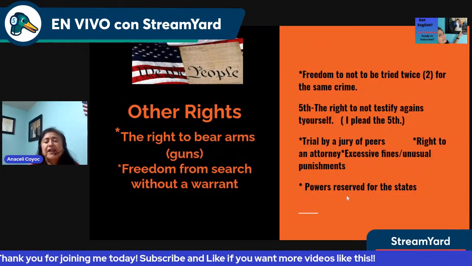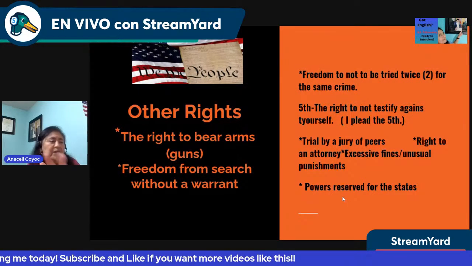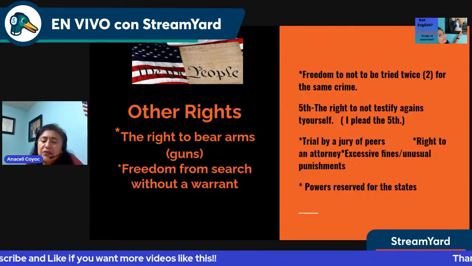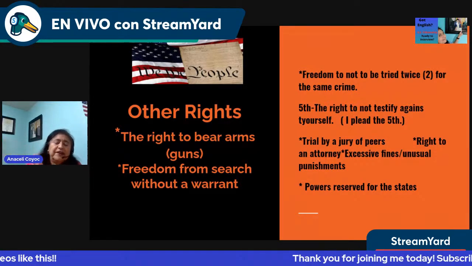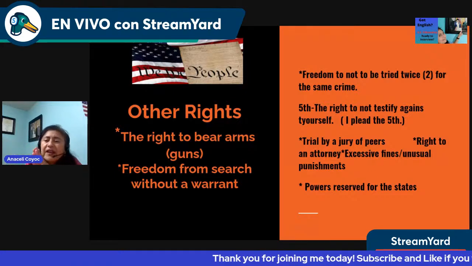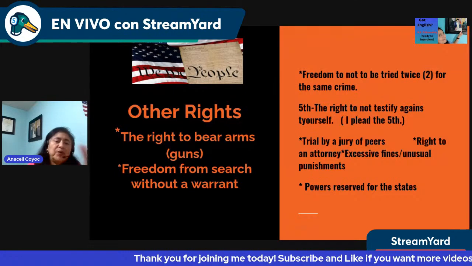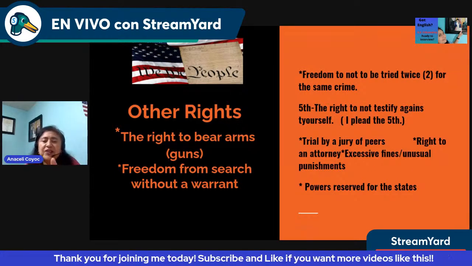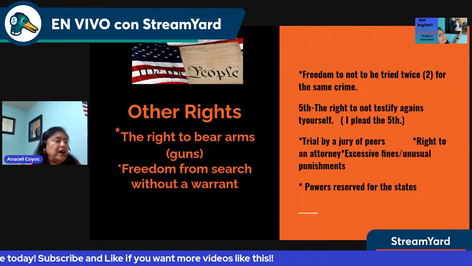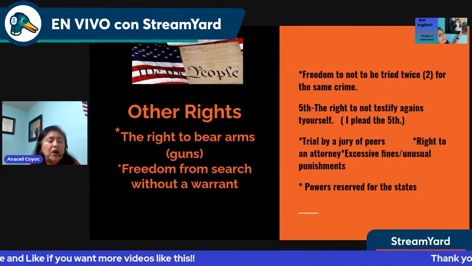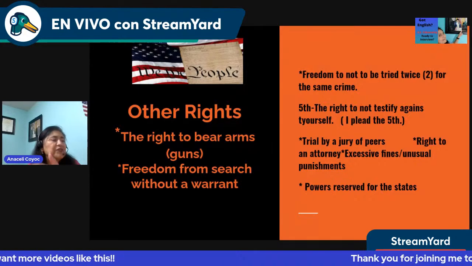And of course, another one, the 10th Amendment, would be powers reserved for the states to make certain decisions without the government in Washington, D.C. imposing. States also have rights. So those are the first 10 amendments, which we also call the Bill of Rights.